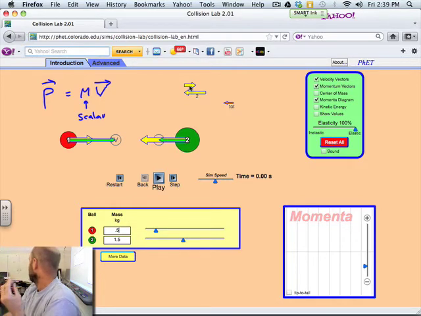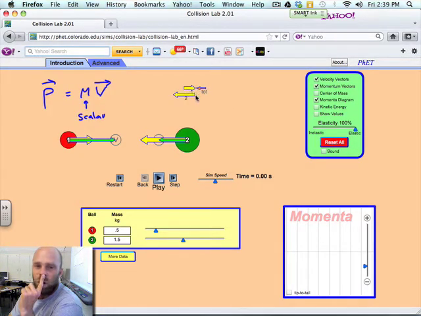So I place the vectors head to tail, and I get this little red vector. The red vector says total on it. What do you think the red vector is? Total. So the red is the yellow ones added.